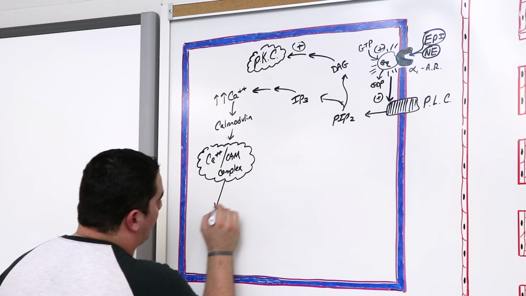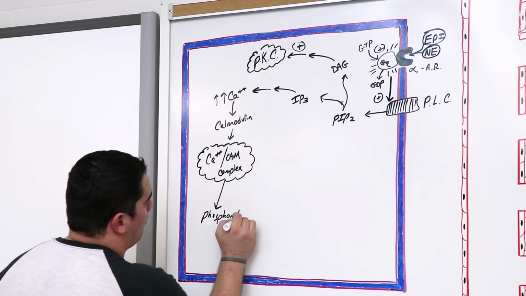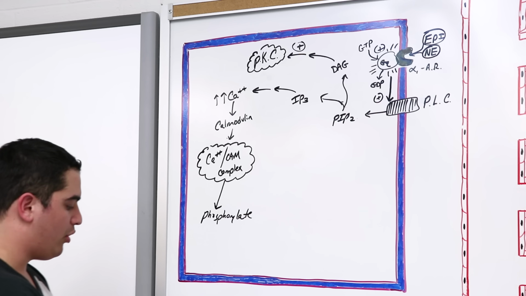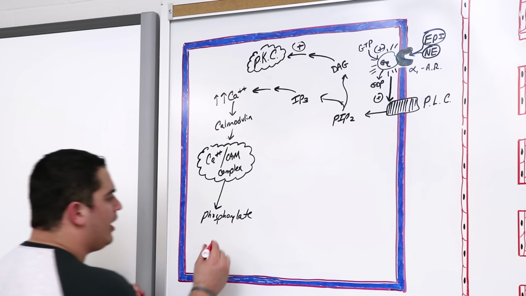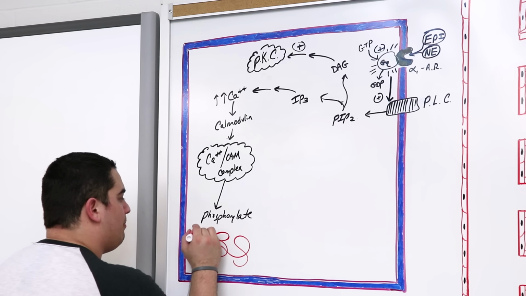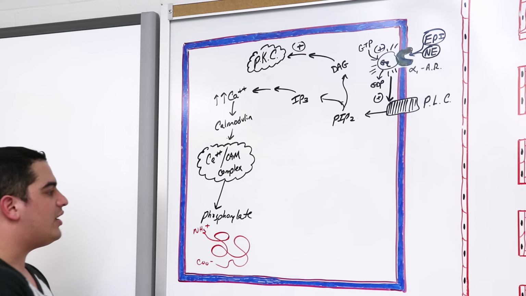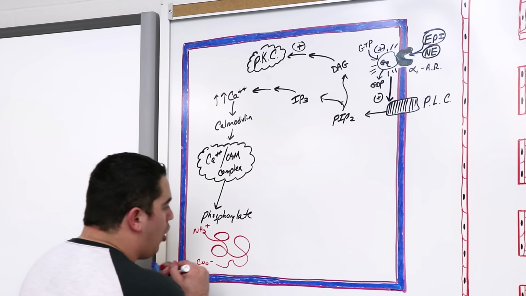So this can come over here, and what it can do is it can phosphorylate different types of proteins. Let's say here I draw in red, this is going to be some type of protein here. And here's its amine end, and then here is its carboxyl end, right? What it's going to do is it's going to put phosphates onto this protein.